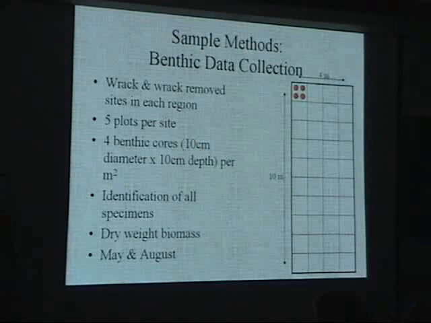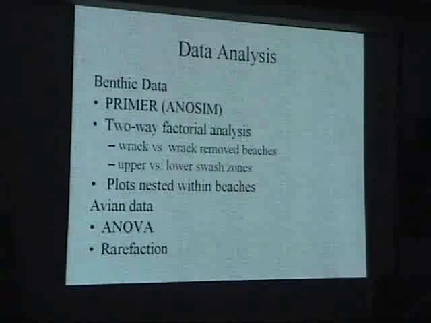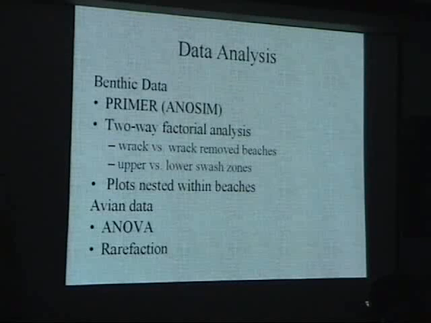The reason I'm doing that is because some species of benthic organisms prefer the lower swash area. They're less desiccation resistant, so they need the moisture more than the upper regions and stay closer to the water. And then the plots will be nested within the beaches.